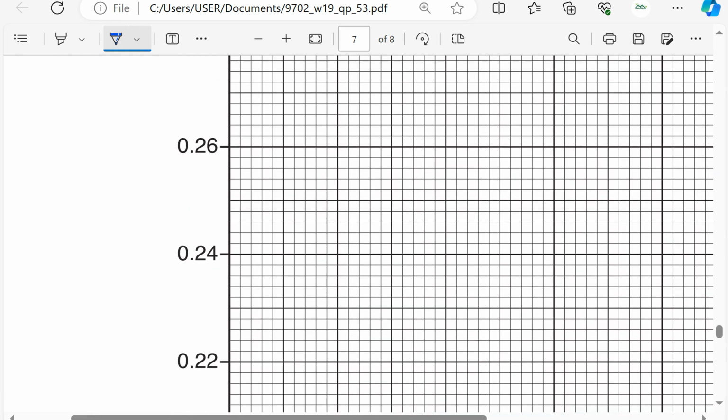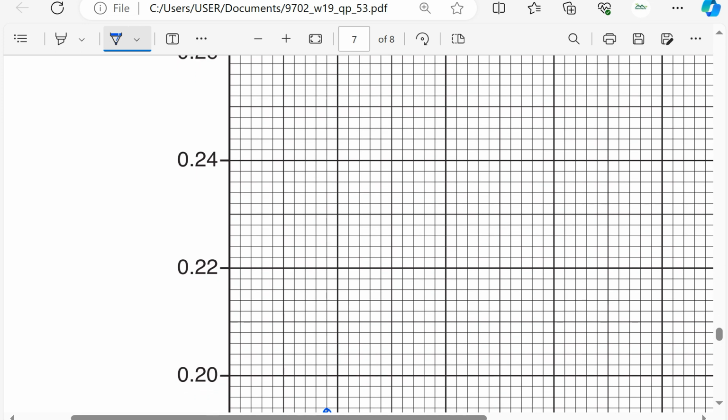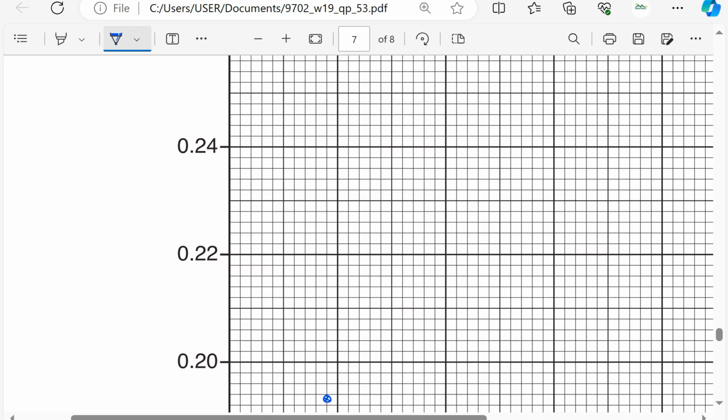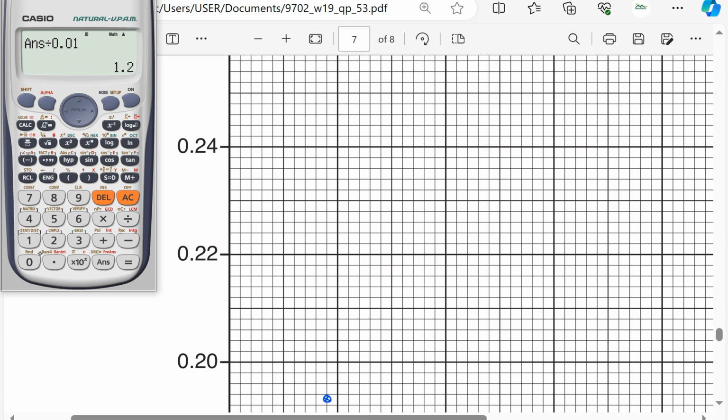So 25 is in between here, so let me check. So I have 0.253 minus 0.24 because the next value there is 0.24. Then I divide this by the scale, which is 0.002, to find how many boxes I add there. So I'm going to add 6.5 boxes.